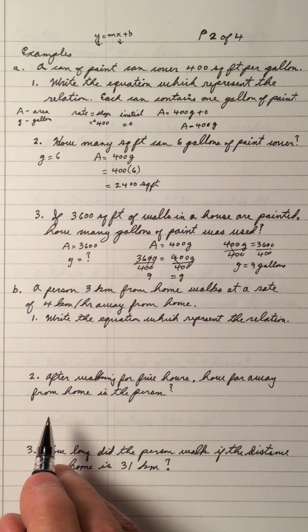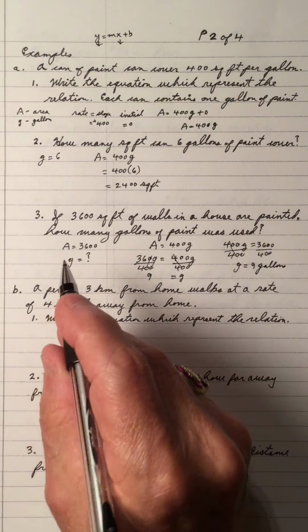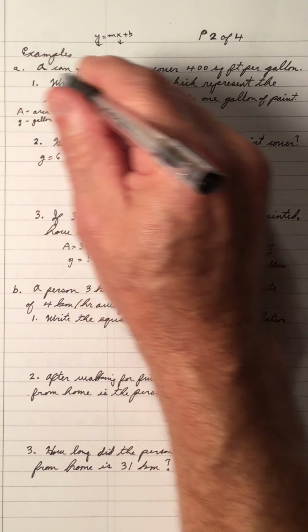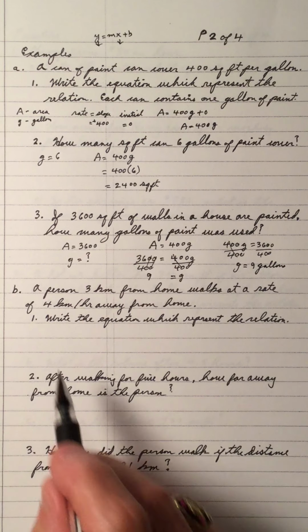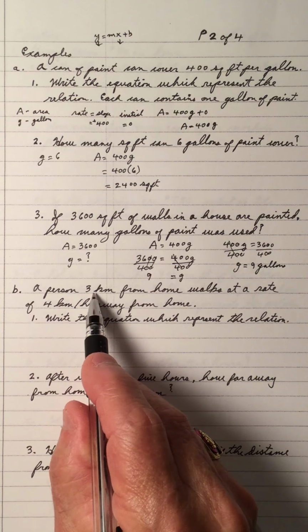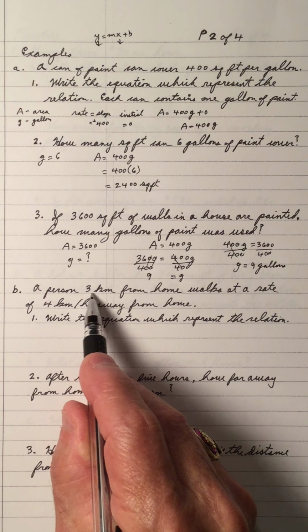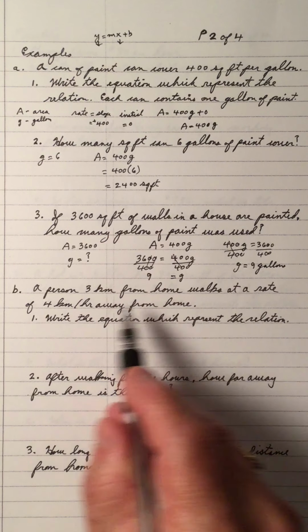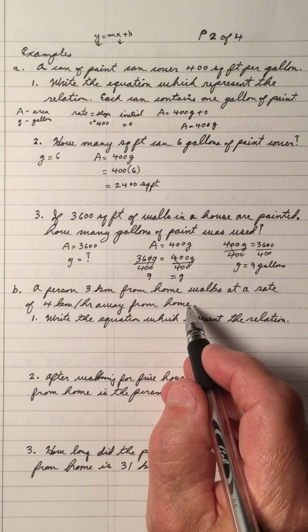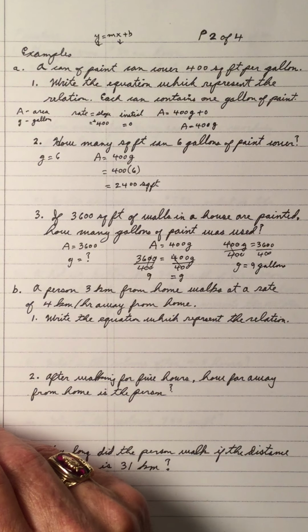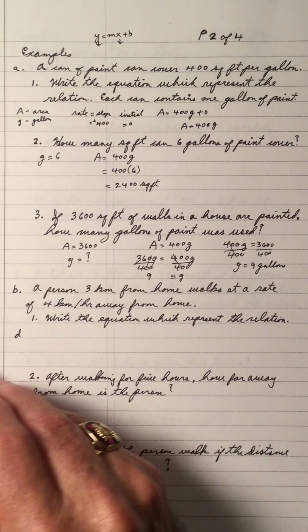Let's do B. We got A. This is the A problem. Now this is the B problem. We have 3 parts. A person 3 kilometers from home walks at a rate of 4 kilometers an hour away from home. So in this problem, we have a distance.